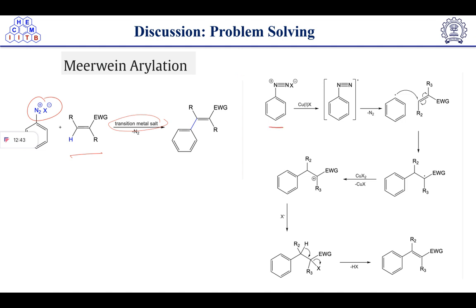After the diazo formation, the copper halide is here, which will donate the electron and it will get converted to copper 2. We have discussed this thing, right? Then after this formation of the intermediate radical, the diazo elimination will take place.